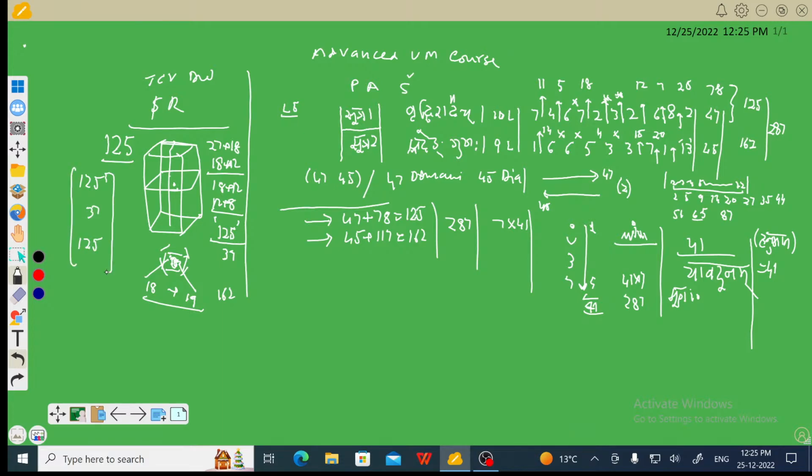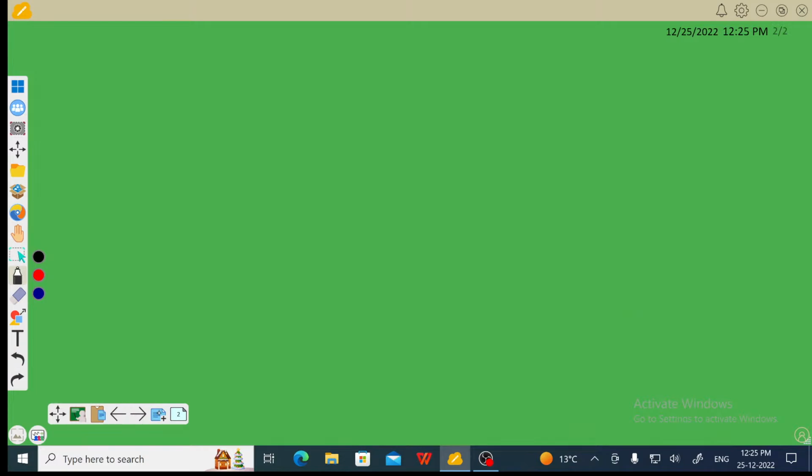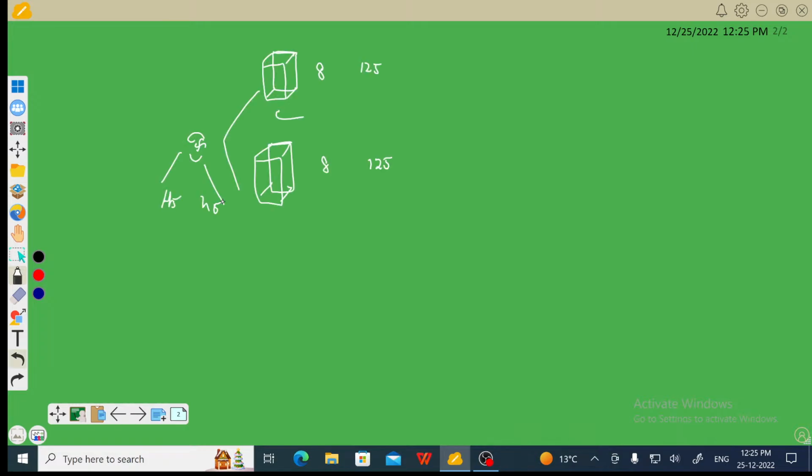If we have one cube which is a setup of 8 subcubes leading to value 125, and then if we have another cube of 8 subcubes also leading to value 125, then in between it makes 5 space, and it is its origin which is 37.